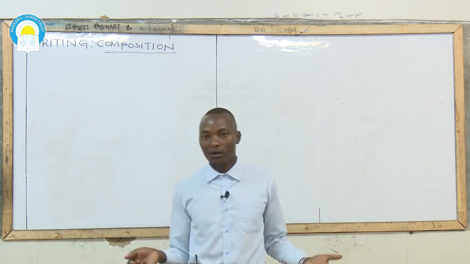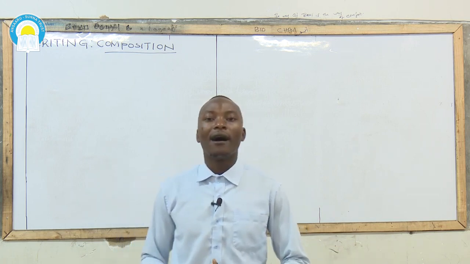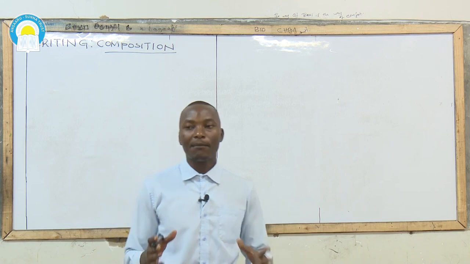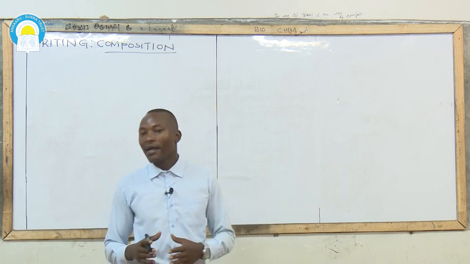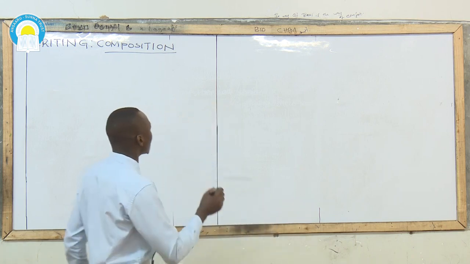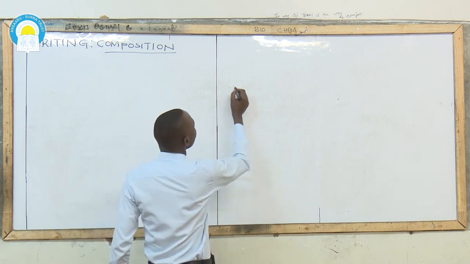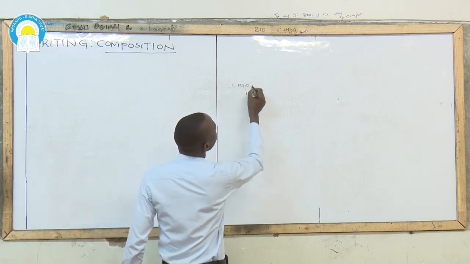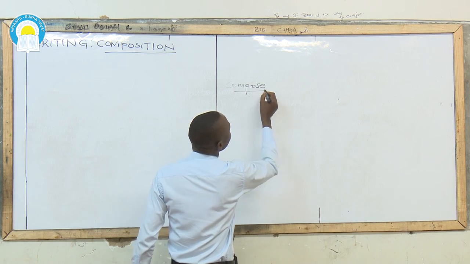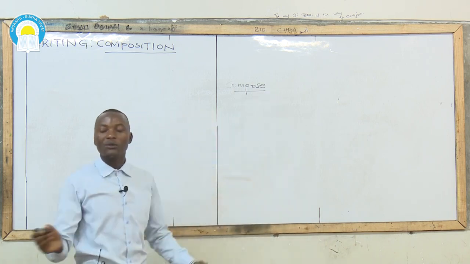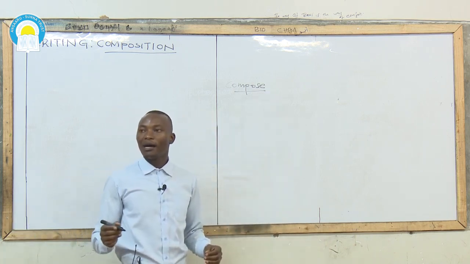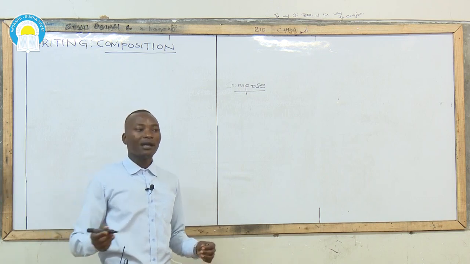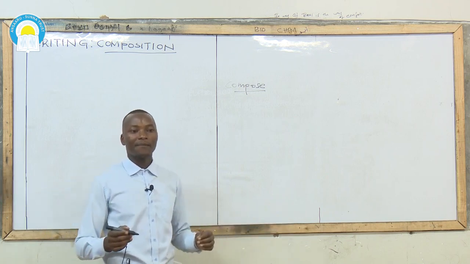Let's start by defining what a composition is. The term composition is derived from the word compose. And to compose is to create by putting different things together.